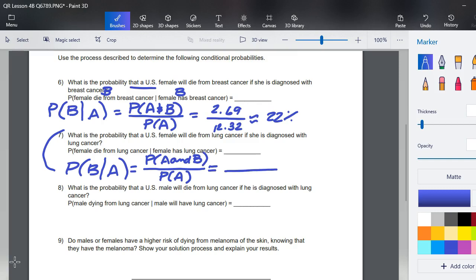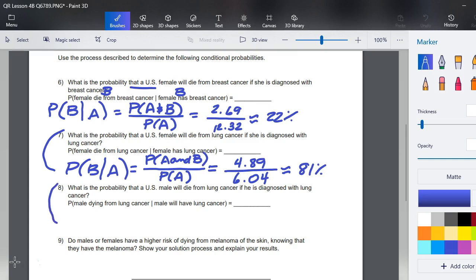When I looked through the numbers, for a female who has died from lung cancer, the probability is 4.89. The probability of having lung cancer was 6 400ths, which when I divide and multiply by 100 and round to the nearest whole number, I got 81%.